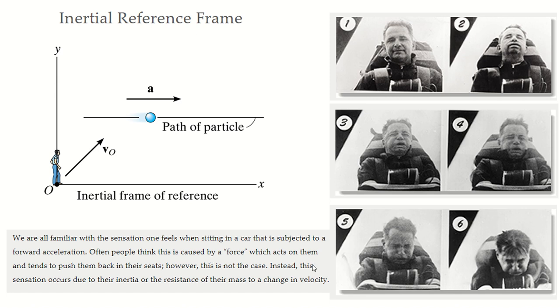So the sensation that you thought was a force actually wasn't a force. That's just your inertia. Inertia is nothing but your resistance to the change in the velocity. Here you're moving, so you can feel that change.